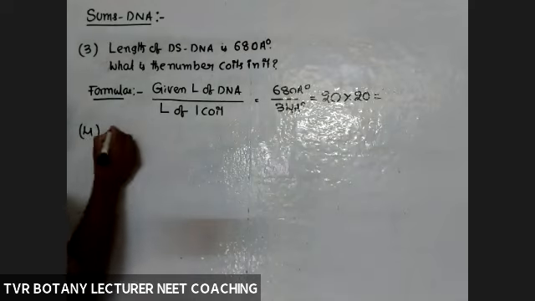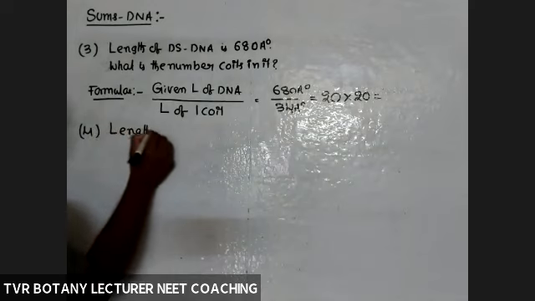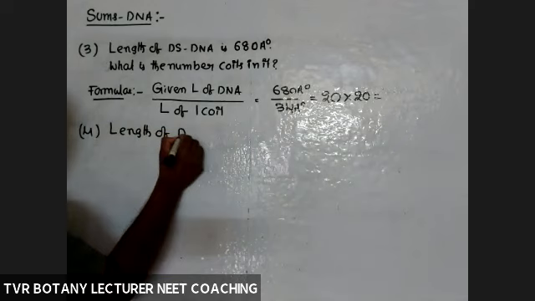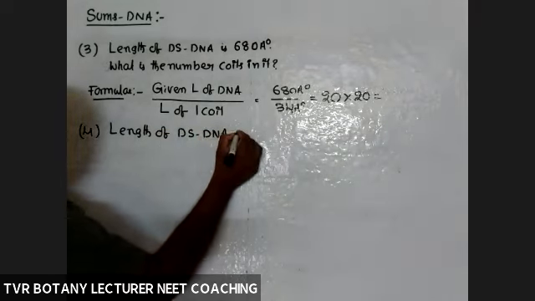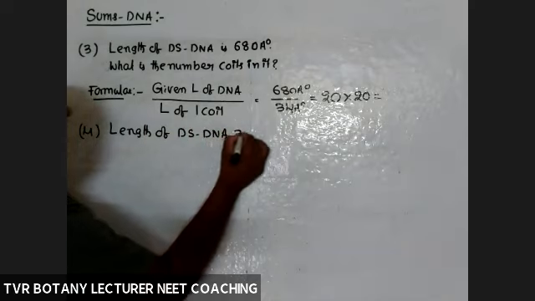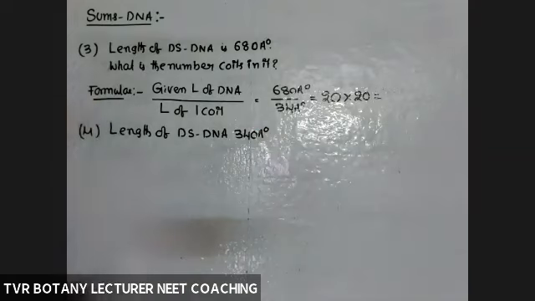Okay. Next. Length of dsDNA. Here I'm taking 340 angstroms to make the sum easy. You should understand the concept. Length of dsDNA 340 angstroms.